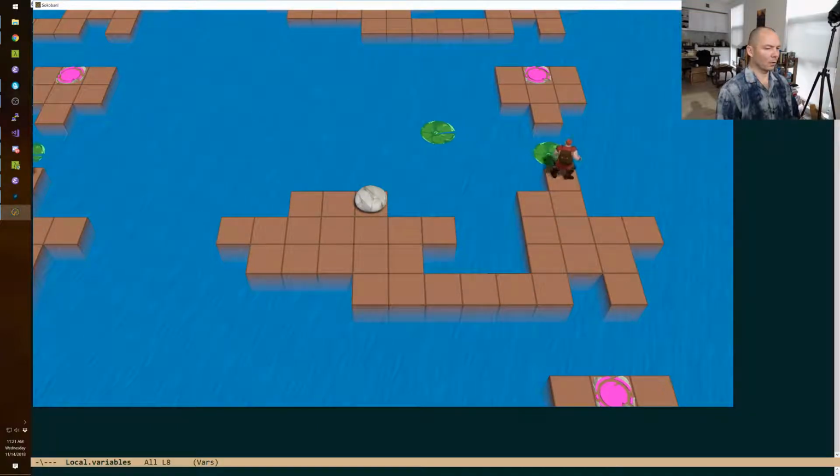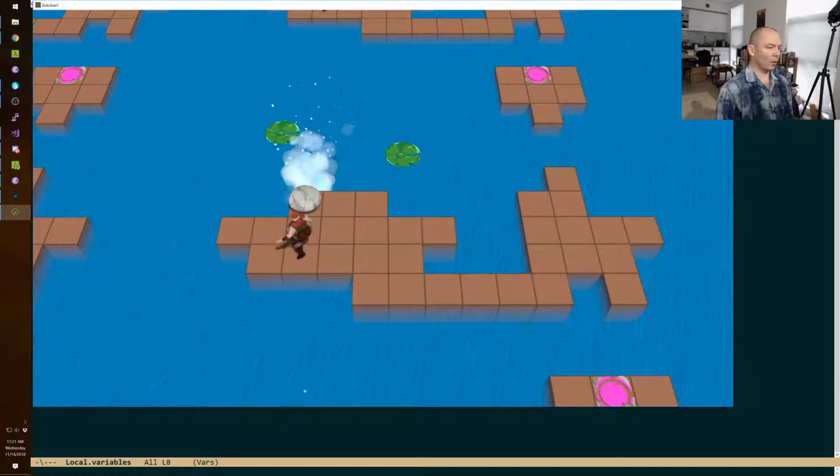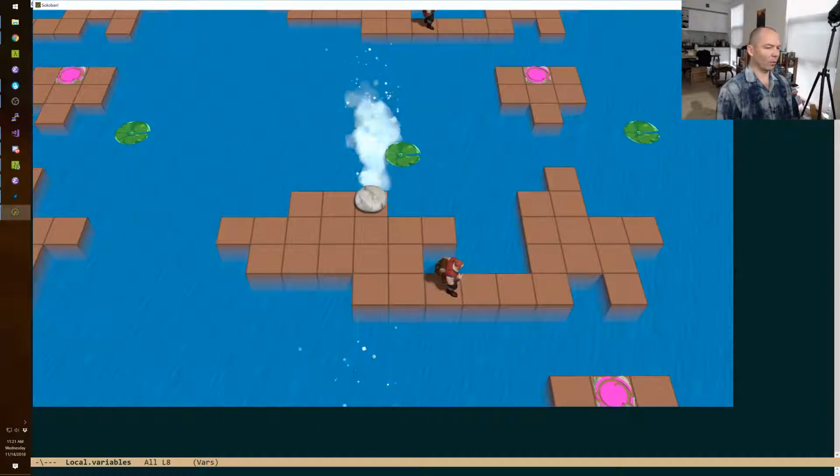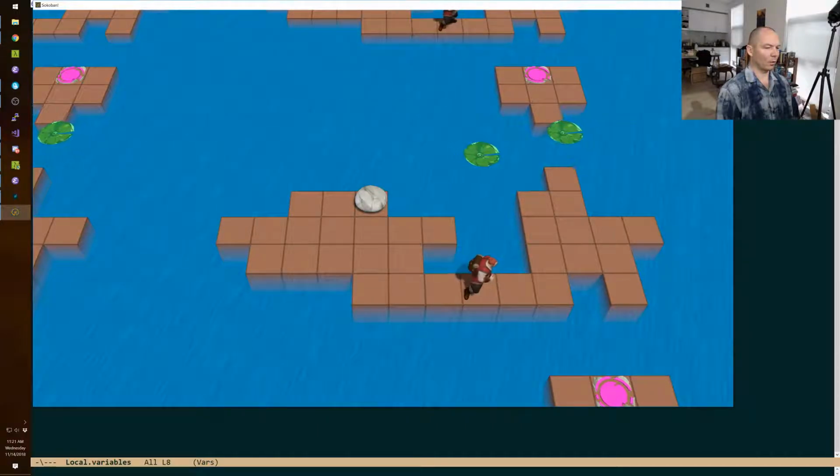Okay. Oh wait, this is the same. Yeah, I actually want it to be a diagonal. If they're diagonal on one side of the level, then they'll be parallel on the other side, and that's what I want here. Nope. Damn it.